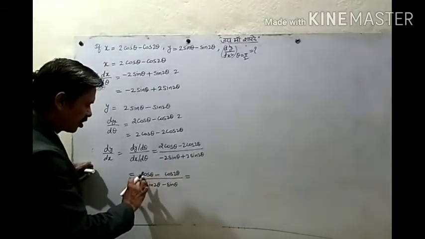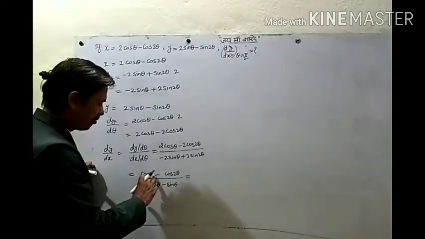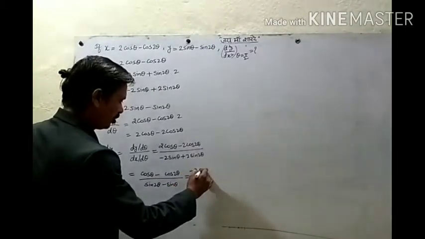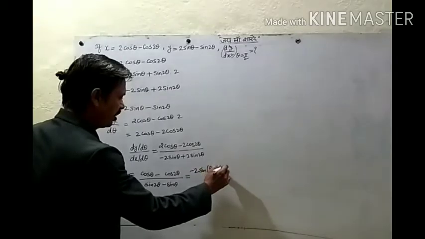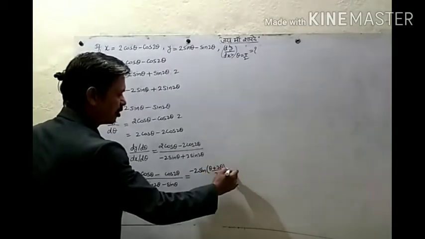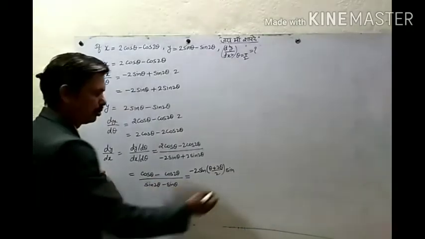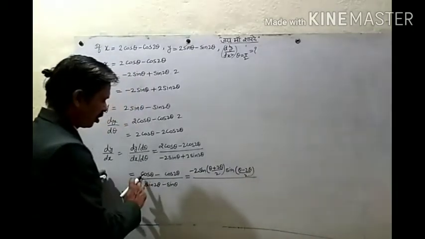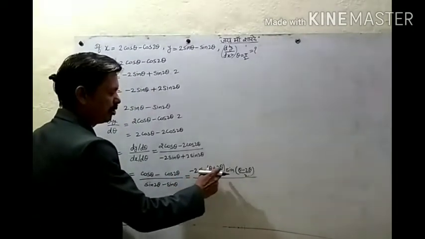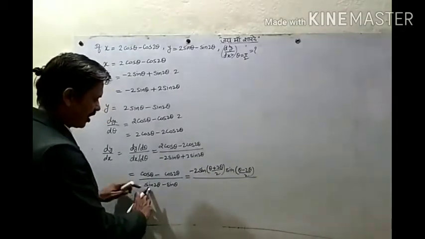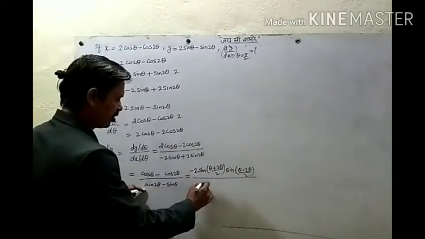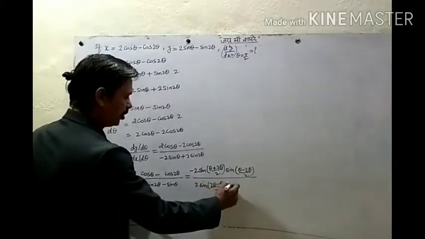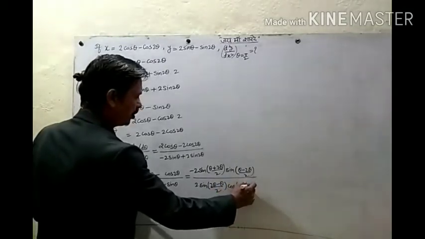If we apply the formula here, cos A minus cos B is minus 2 sin (A plus B) by 2 into sin (A minus B) by 2, upon sin A minus sin B, which is 2 sin (A minus B) by 2 into cos (A plus B) by 2.